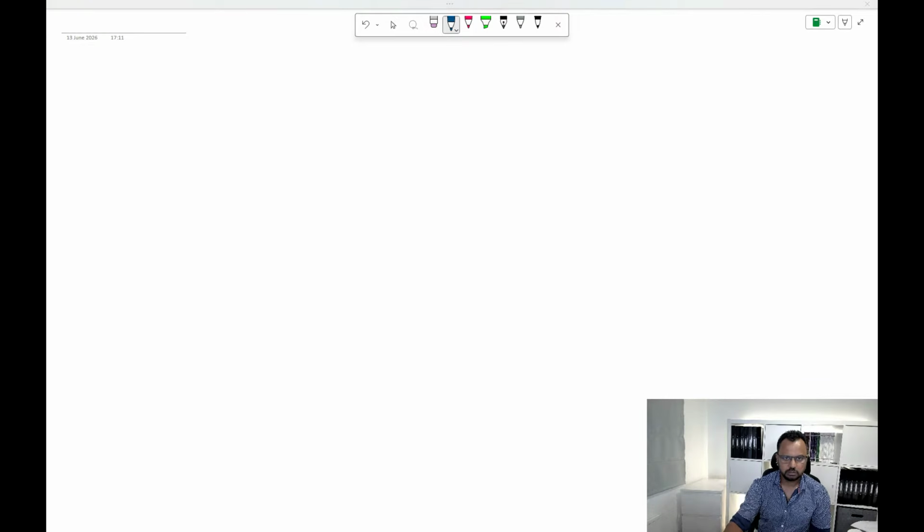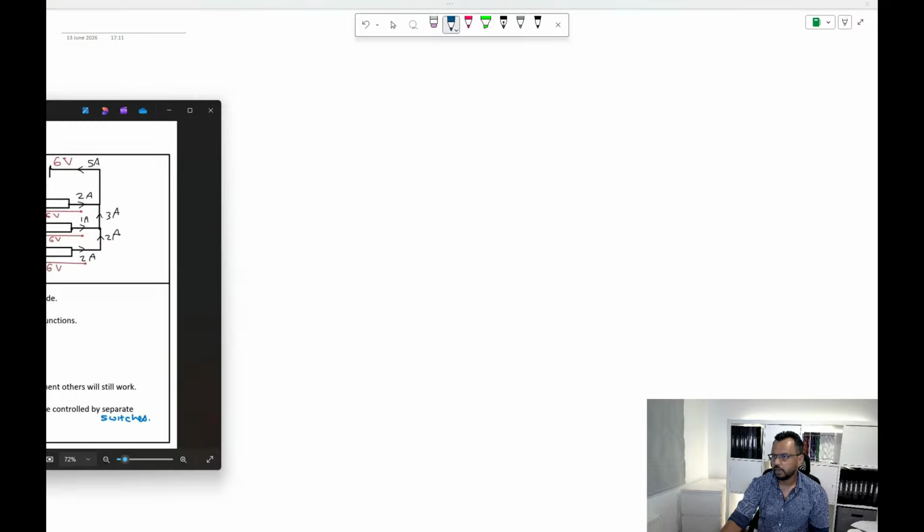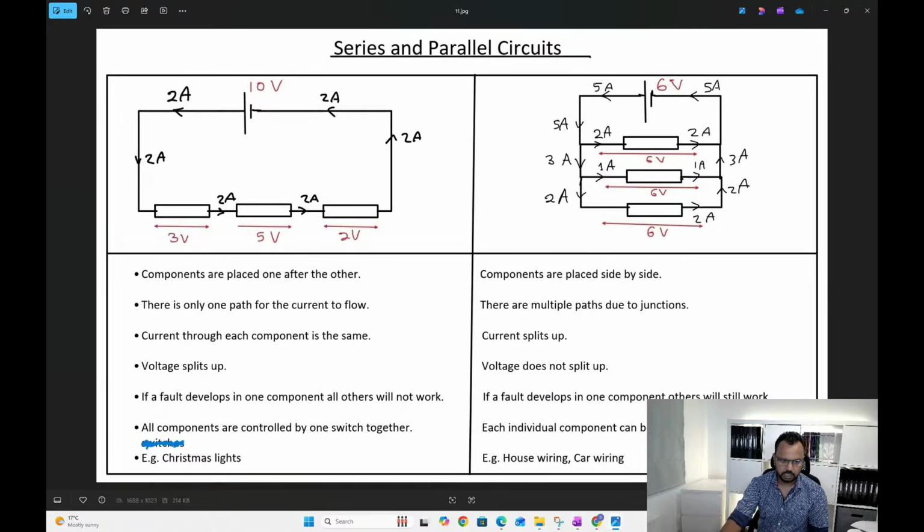One second. Right, here is a proper comparison between series and parallel circuits. Sorry, the bottom bit here is covered. I'll explain that to you.